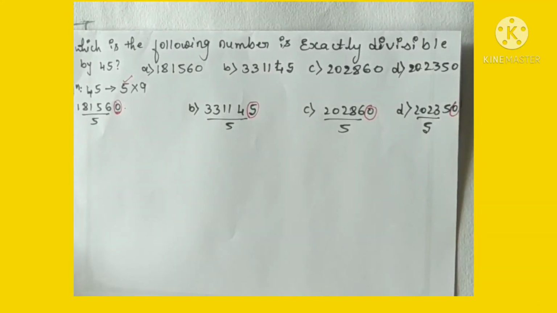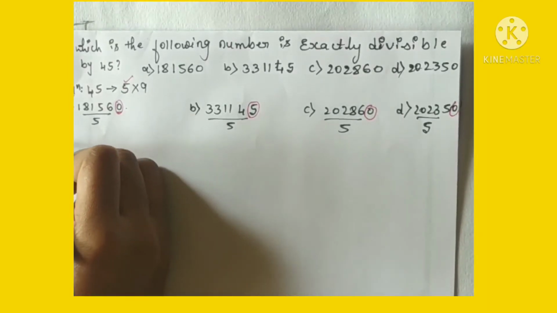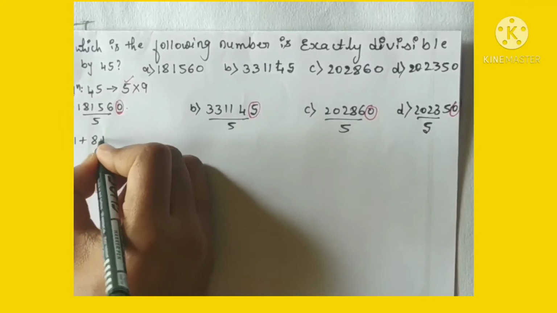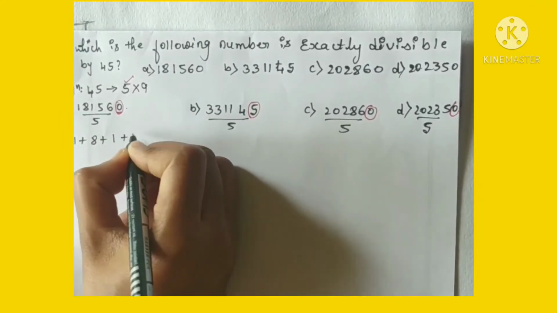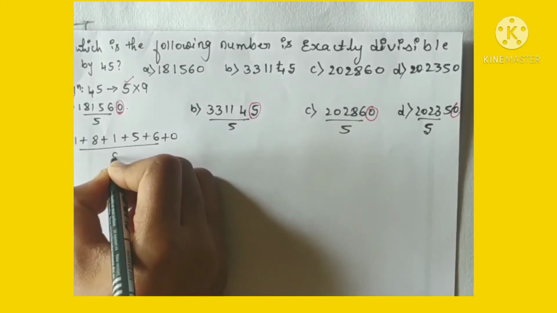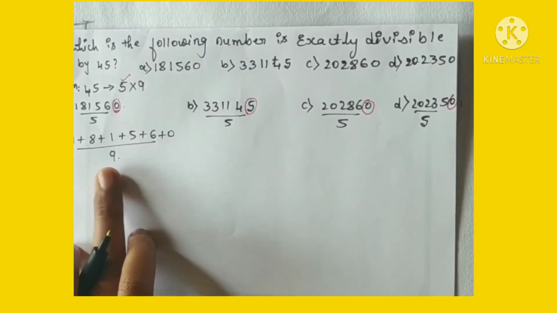The divisibility rule of 9 says the sum of the digits divided by 9, that is 1 plus 8 plus 1 plus 5 plus 6 plus 0 divided by 9.